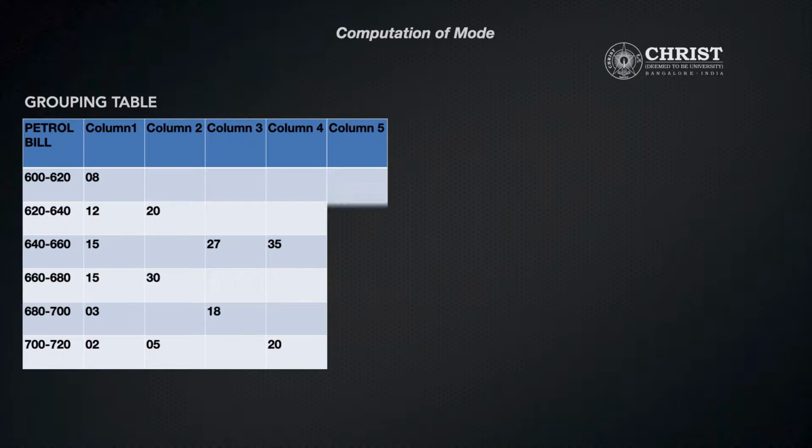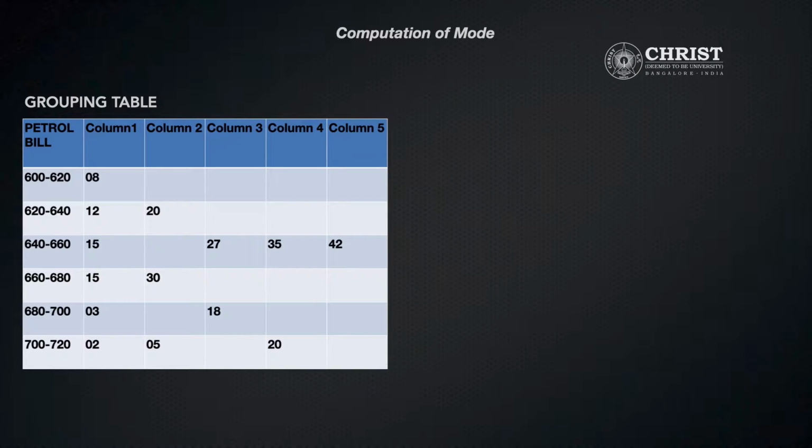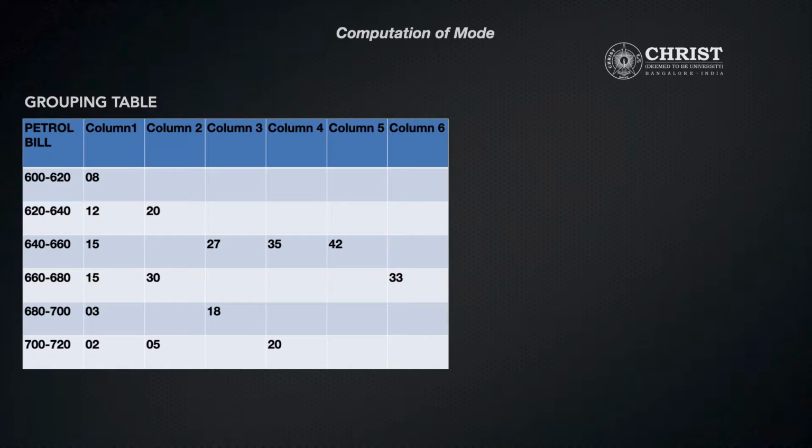Column number 5, leave the first frequency, 8 we will not consider, 12, 15 and 15, that is 42. Column number 6, the first 2 frequencies we will not consider, then we will add 3 each. So 8 and 12 we will not consider, 15, 15 and 3, that is 33. Like this we will complete the table.